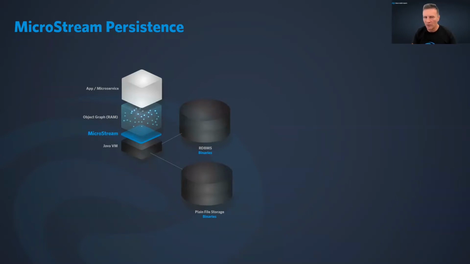We store binaries. But we also have data connectors to NoSQL databases and in-memory databases and distributed caches like Hazelcast. You can also store your objects in Kafka seamlessly without any JSON conversion. So you can really use MicroStream for various purposes.